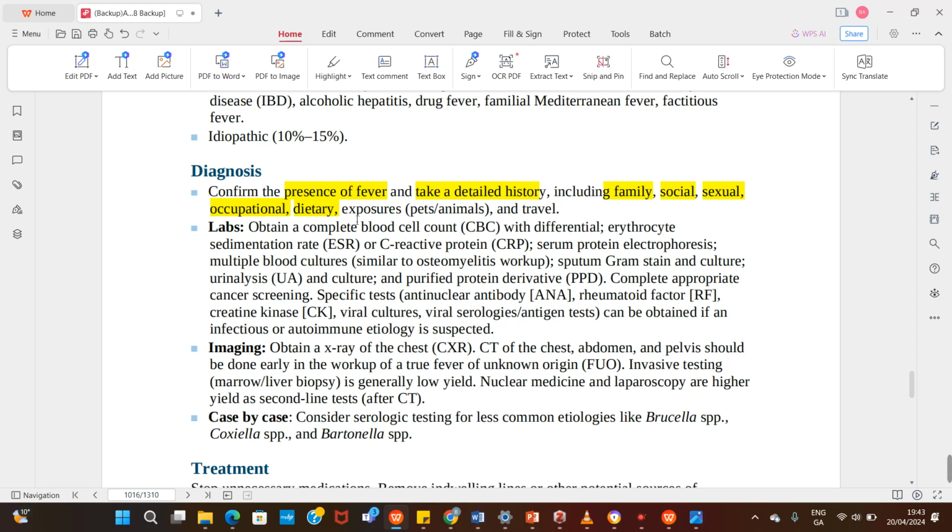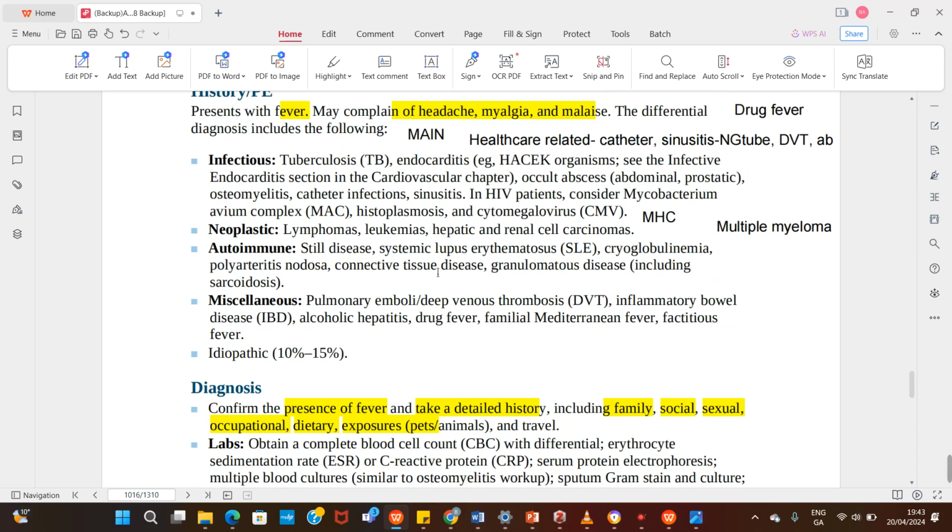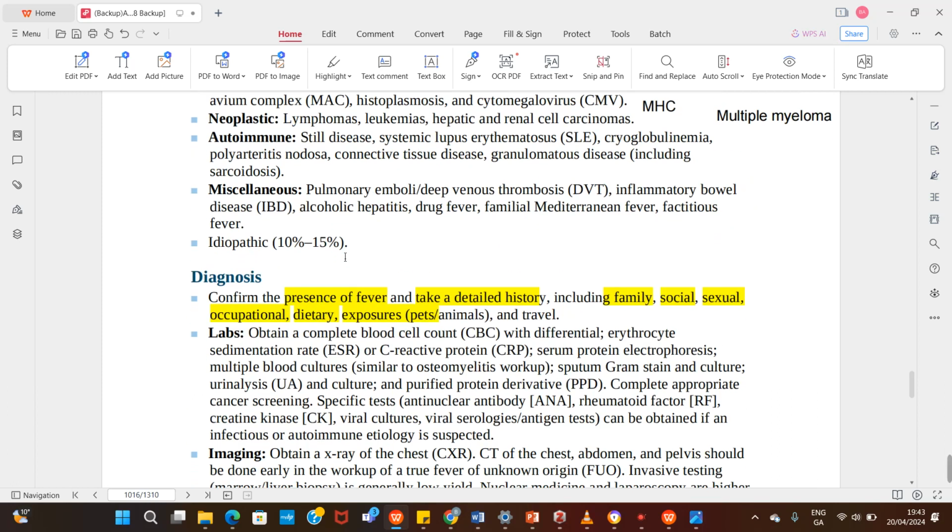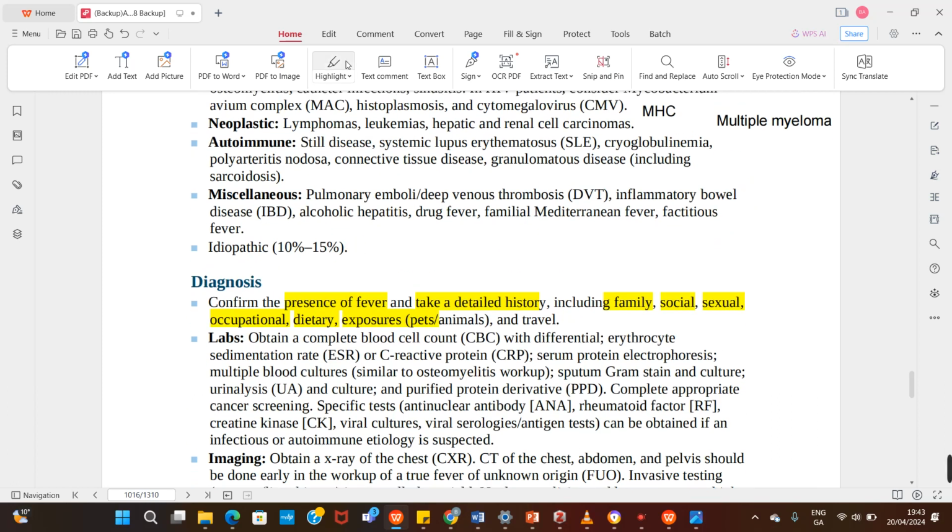Exposure to pets and animals. So part of the causes also includes things like brucellosis, Coxiella burnetii. You know, they are also part of it. I don't know why it is not saving. I kind of included it, but I think I lost it. So very important to know things like, okay, we are going to see it downwards.